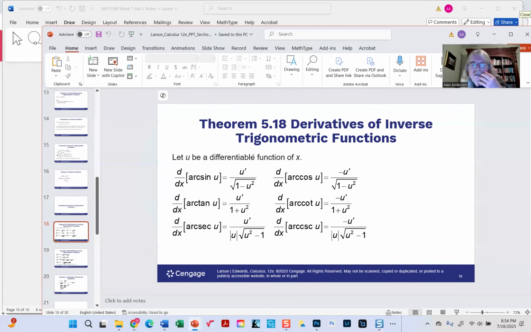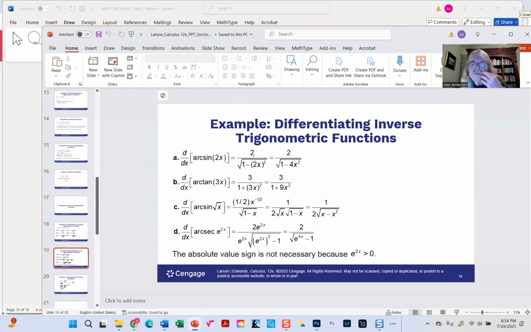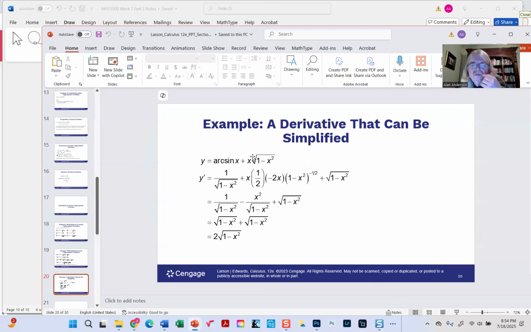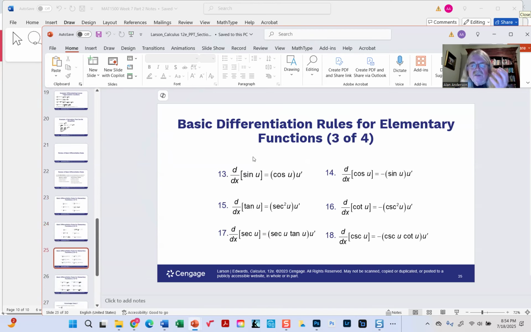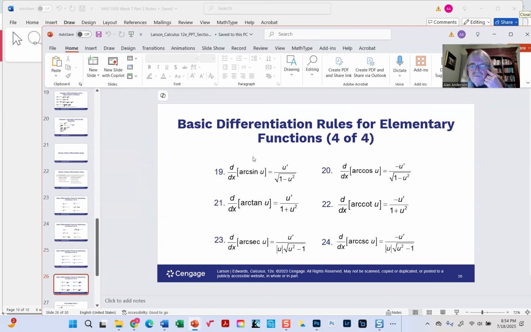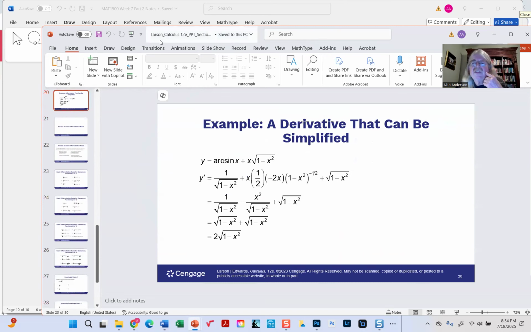But then they're going to start introducing some formulas, so we have all of them in front of us when we need them. And they're even going to go back and review what we learned about differentiation way back in the beginning of the course, so you have it all again in one convenient location, which is kind of nice. And then the same thing is going to be true in the next section as well. So this is where we're headed.